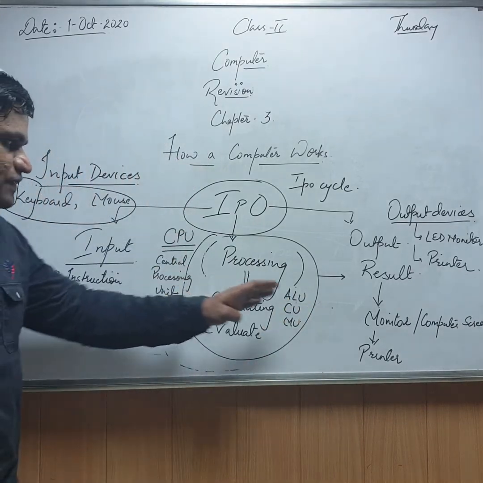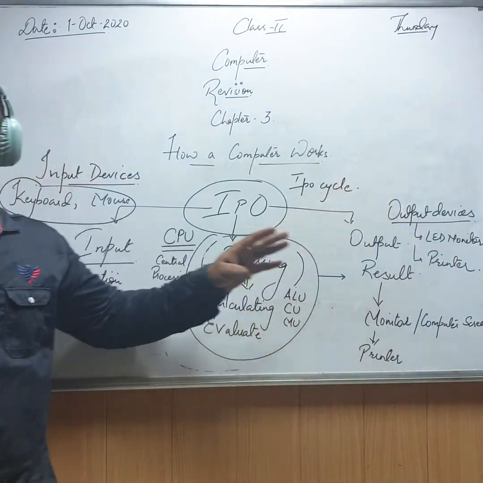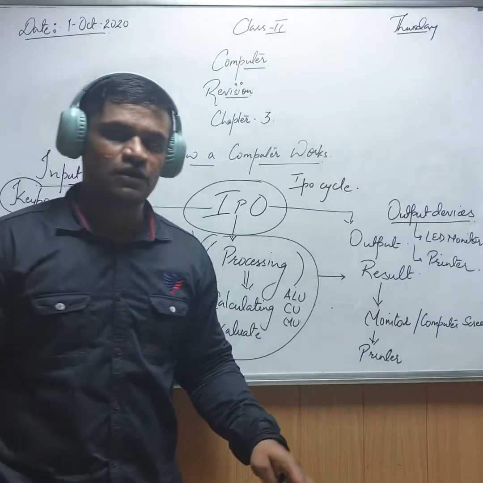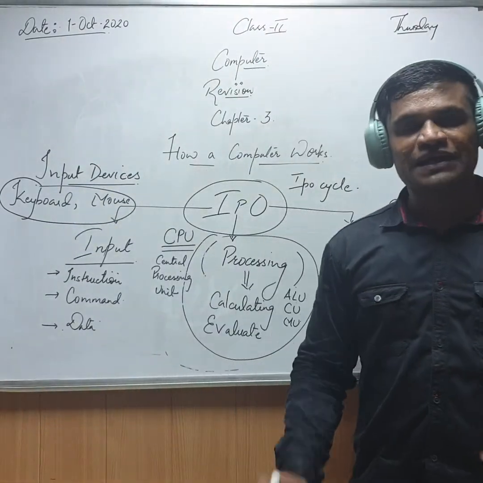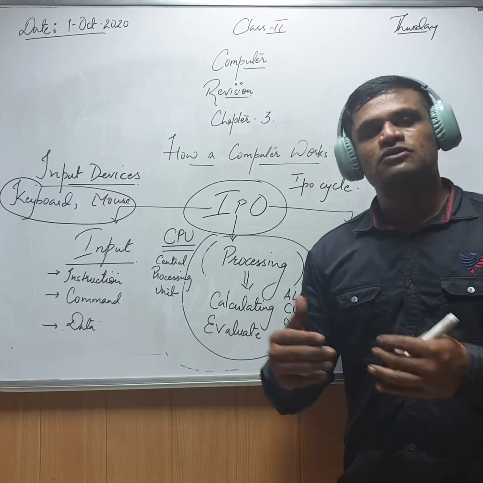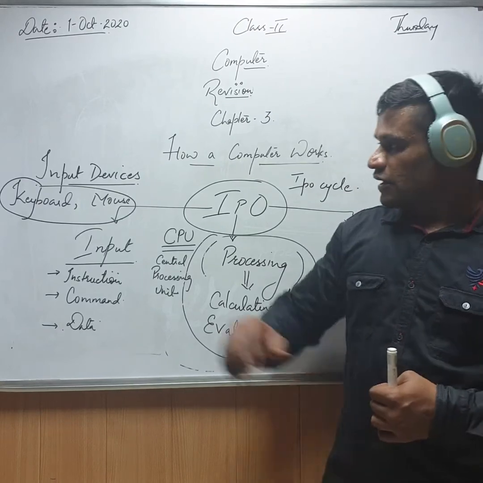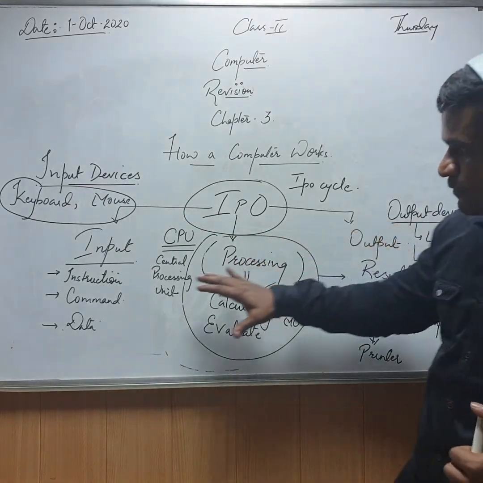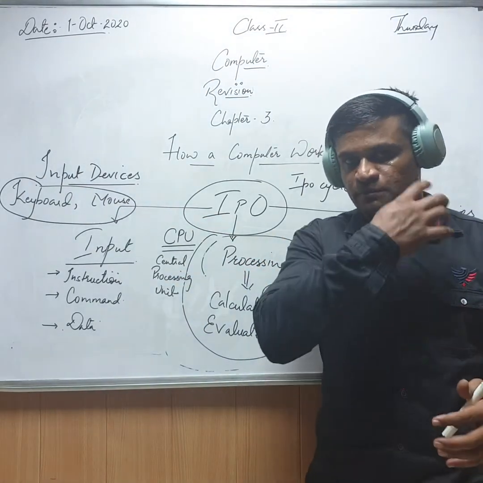No worry about it if these input devices or output devices are not mentioned in the chapter. We are just elaborating the complete topic so that the revision becomes easier. Input devices, output devices, and processing unit, if they are not mentioned in the book, no issue.